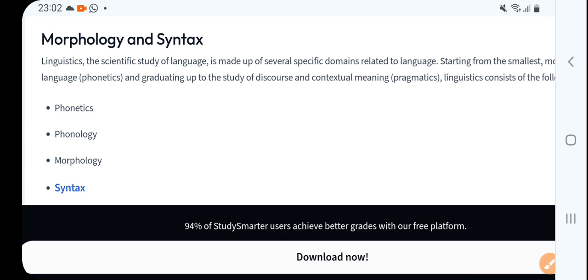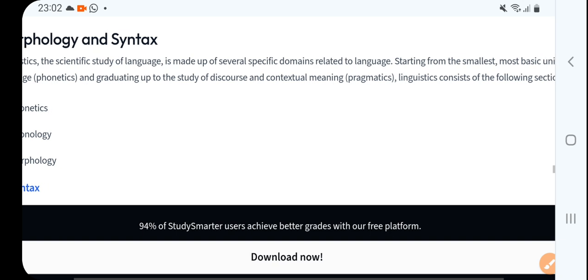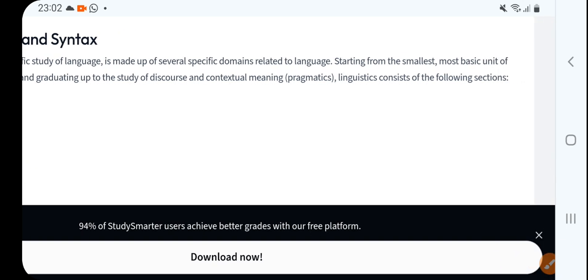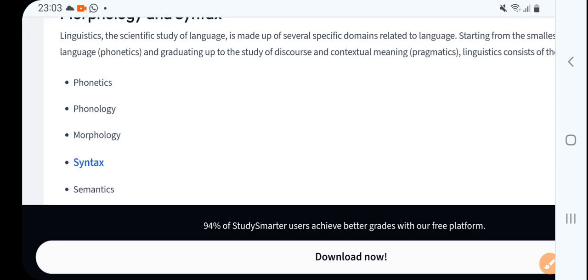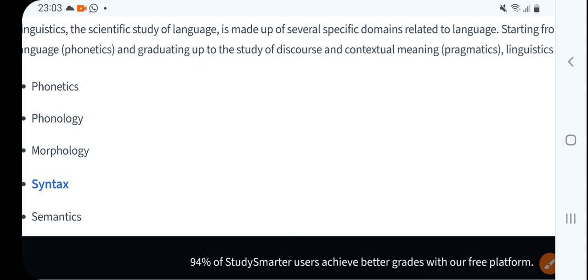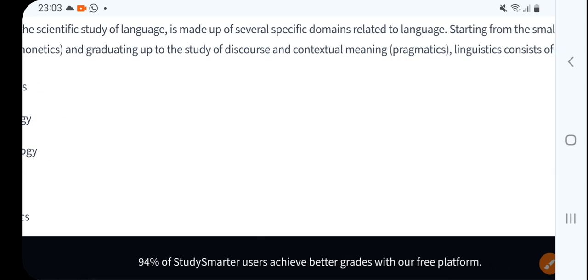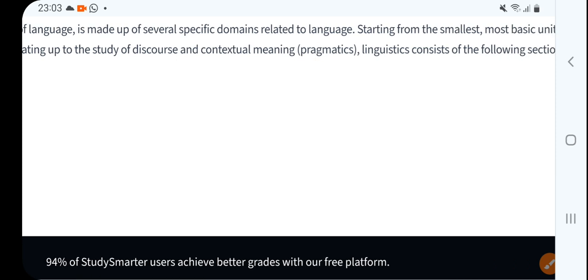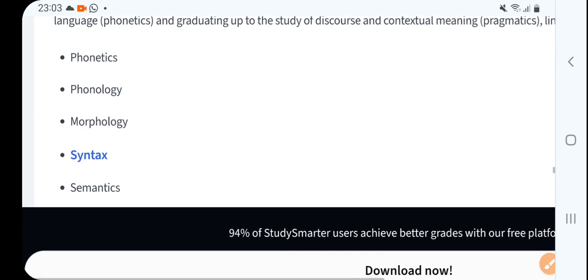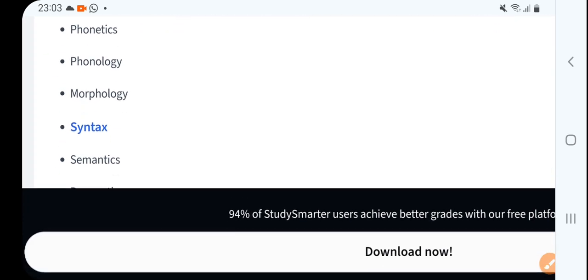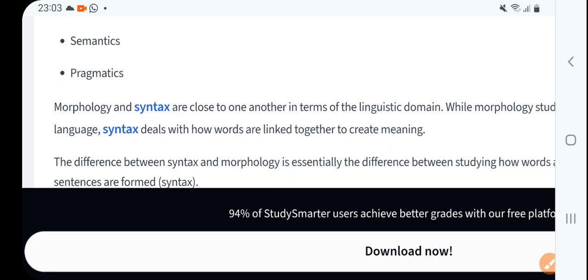Linguistics, the study of language, is made up of several specific domains related to language, starting from the smallest, most basic unit of language, phonetics, which is how sound is created, and graduating up to the study of discourse and contextual meaning, pragmatics. Linguistics consists of the following sections. So what comes under linguistics? Phonetics, phonology, morphology, syntax, semantics, pragmatics.